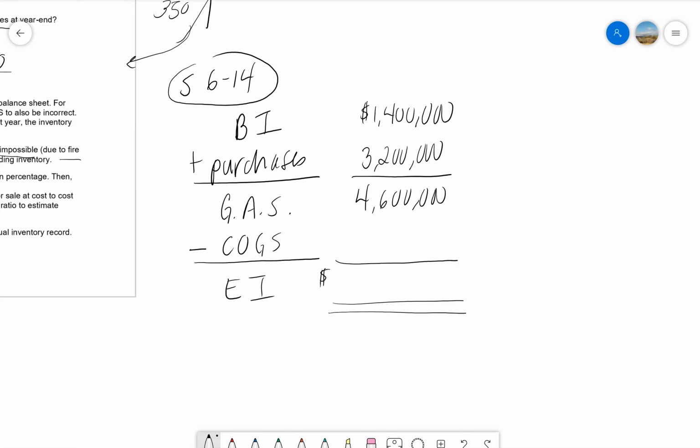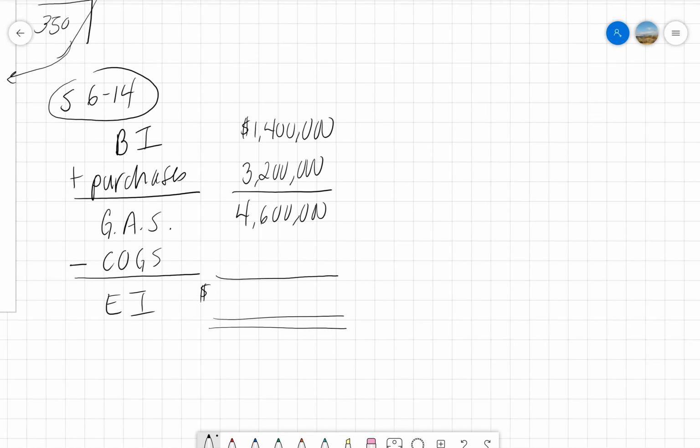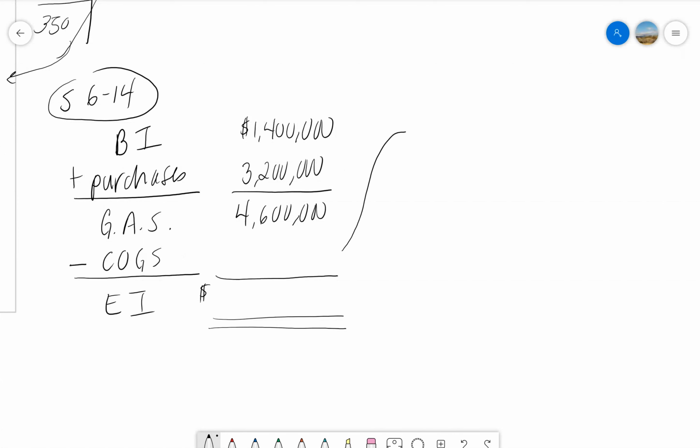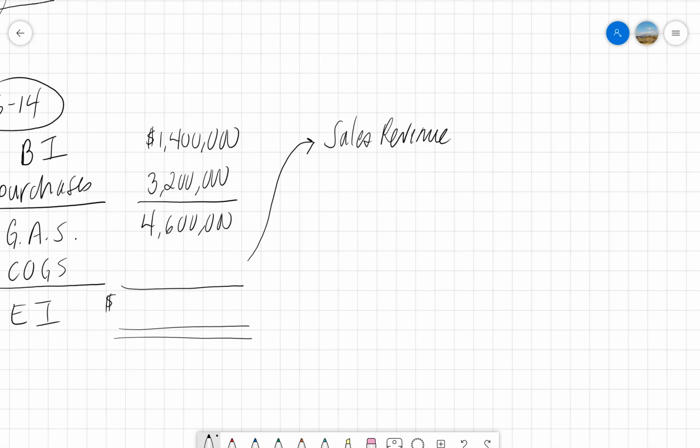So what we can do now is figure this out by looking at our sales revenue and our gross margin percentage. Sales revenue is given to us at $7 million.